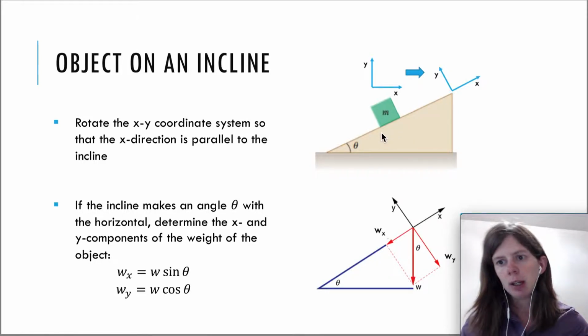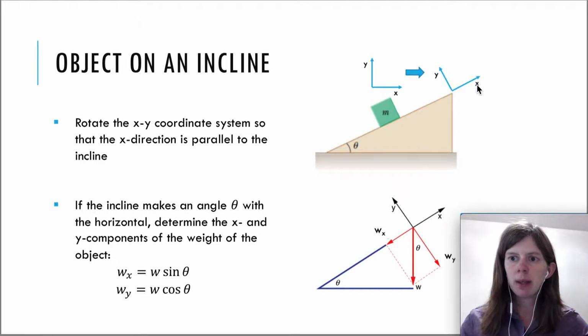Do you see that? If you do that, then the direction of the incline is now the x direction, and anything perpendicular to that is the y direction. The reason that we want to do this is because it's going to make it a lot easier to work with the forces.